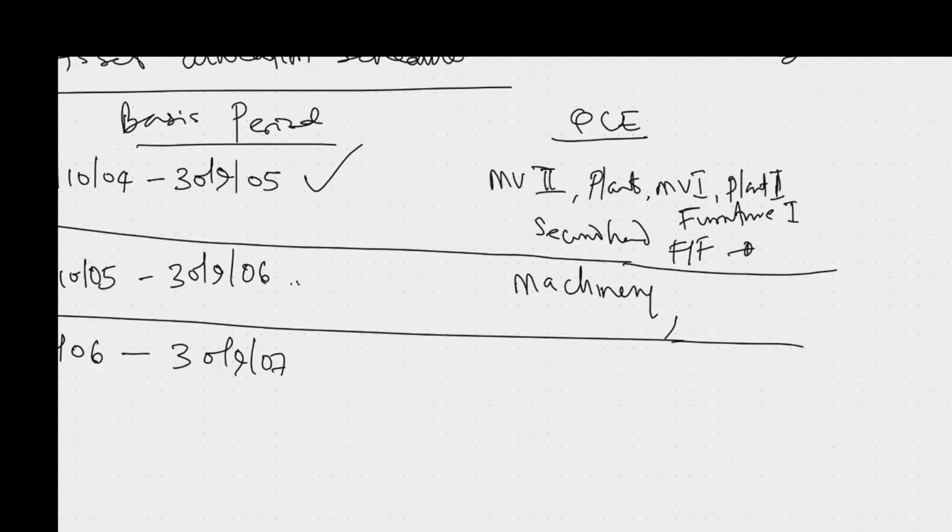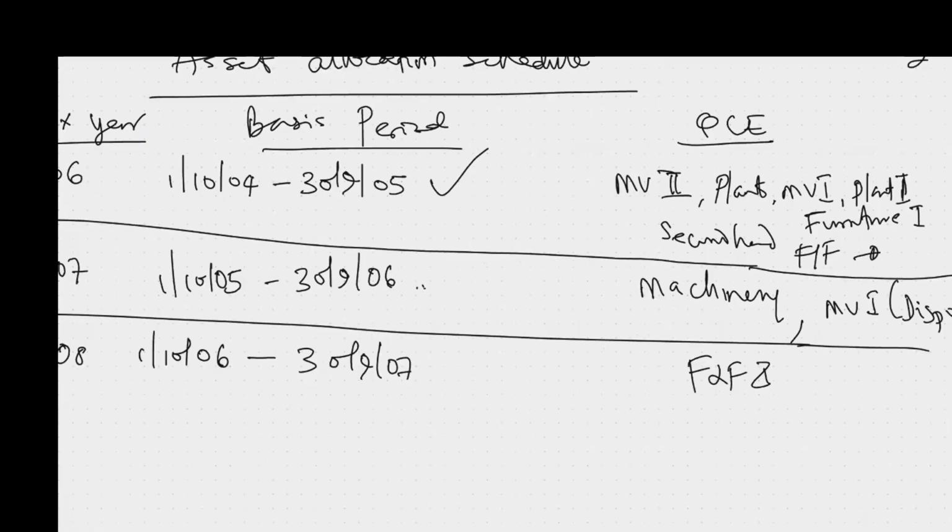The next one, furniture and fitting was disposed. Furniture and fitting 1. Plant 1 too was disposed. When? It will fall here. 1106 will fall here. 1906 will fall here, which is furniture and fitting 1.